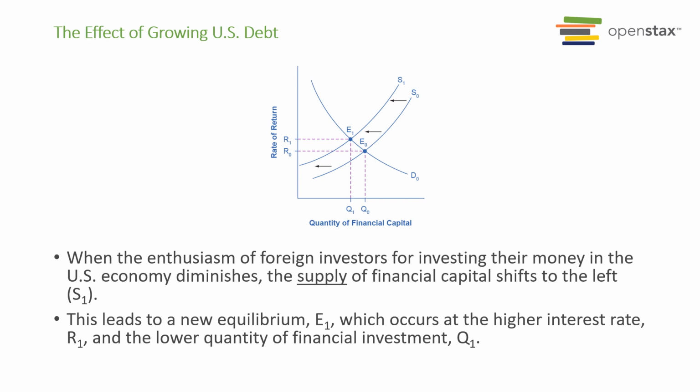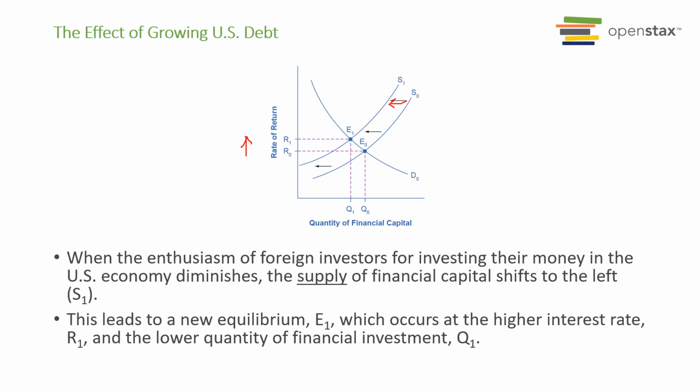So if foreign investors are putting less money into the US economy, less money into our national debt, that would reduce the supply of our financial capital. When the supply is reduced, you're going to see a higher interest rate. This will be for everybody. Now, if you're going to save money, that's great, right?